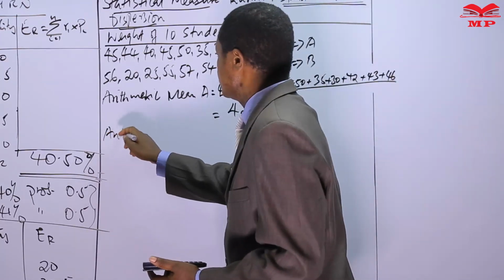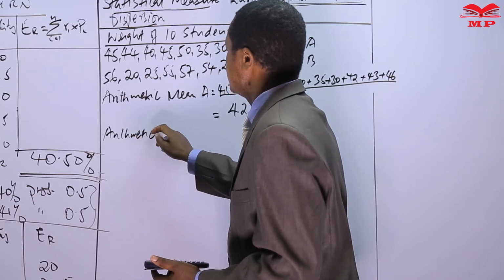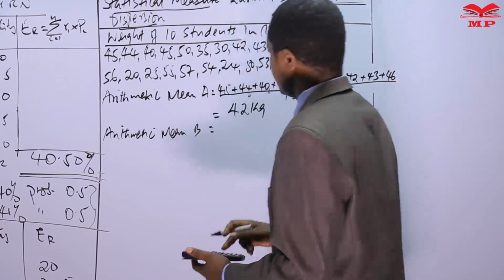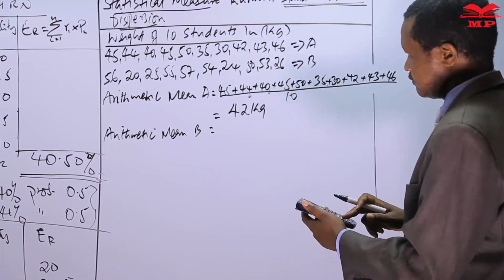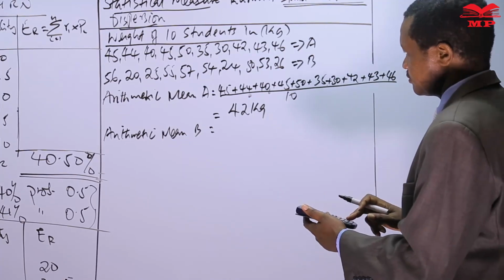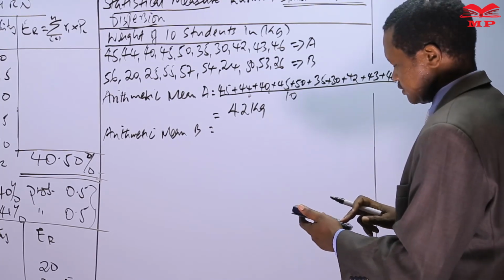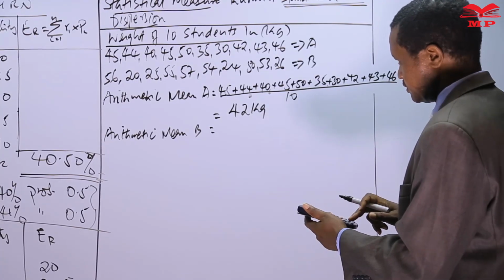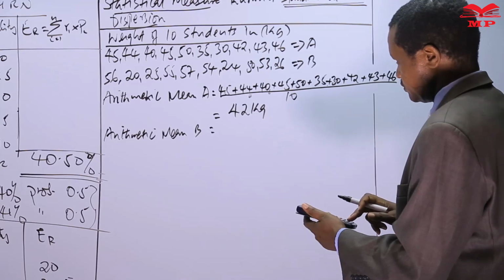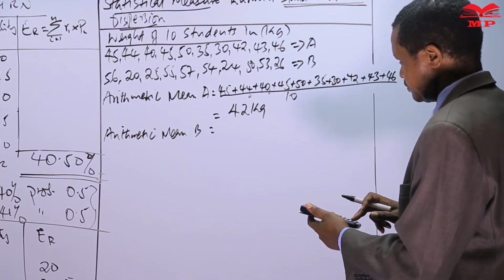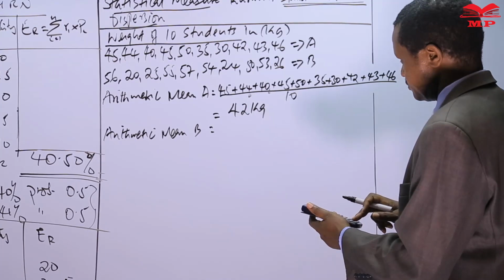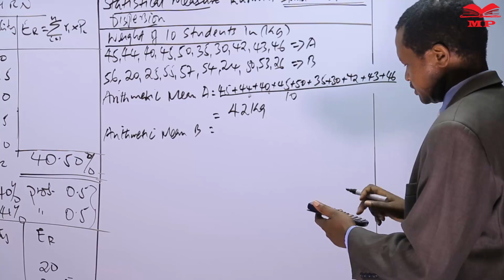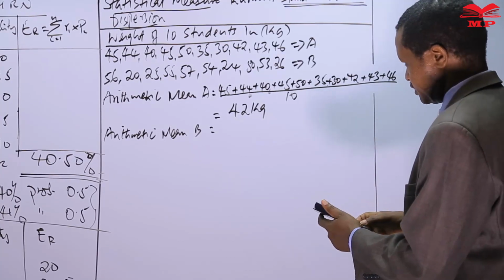Arithmetic mean for the second class, this is class B, we add 56 plus 20 plus 25 plus 55 plus 57 plus 54 plus 24 plus 50 plus 53 plus 26, divided by 10.